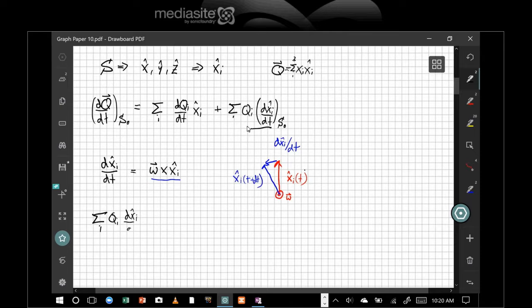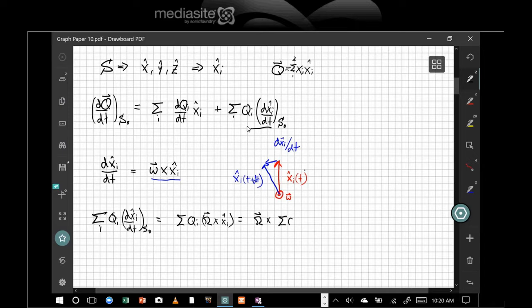I can say that the sum of q_i, again I'm just looking at that one term, d xi hat dt in the S naught fixed frame, is going to be equal to a sum of q_i times, remember the system moves with capital Omega, Omega cross xi hat. That's using that result.